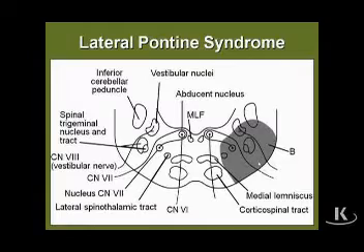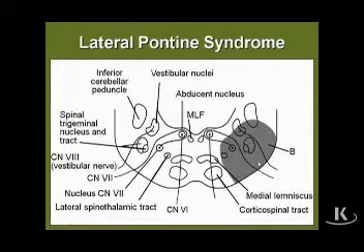Our next case is a lesion of the lateral part of the pons, and in this case we're going to have some of the same involvement of the neural systems that we saw in lateral medullary syndrome. What's going to be different is we will have different cranial nerve involvement. So again, a lateral brainstem lesion is going to affect the spinothalamic tract, giving us a contralateral loss of pain and temperature in the limbs and trunk.